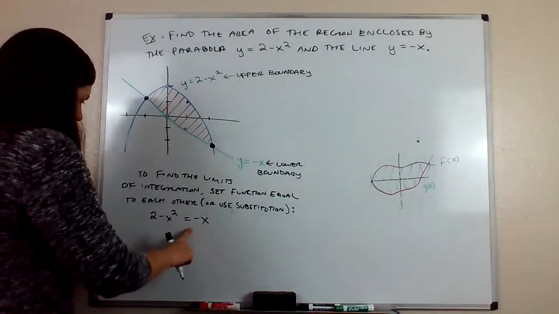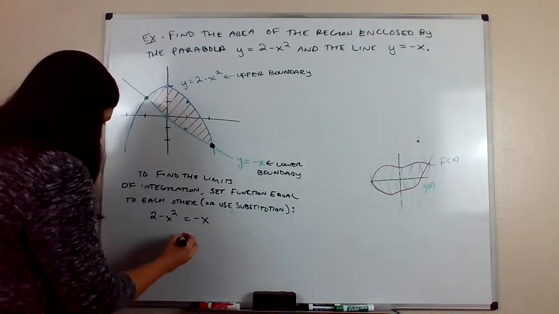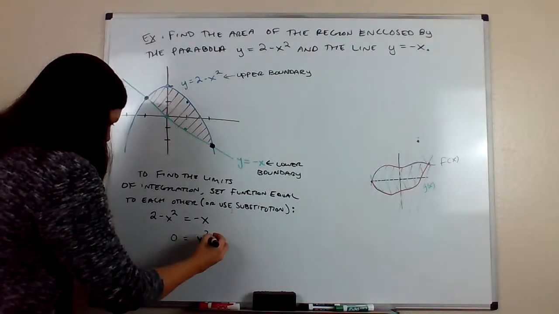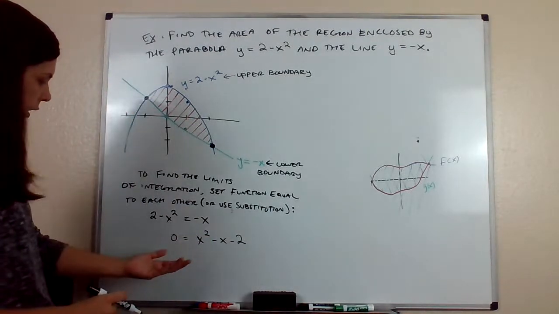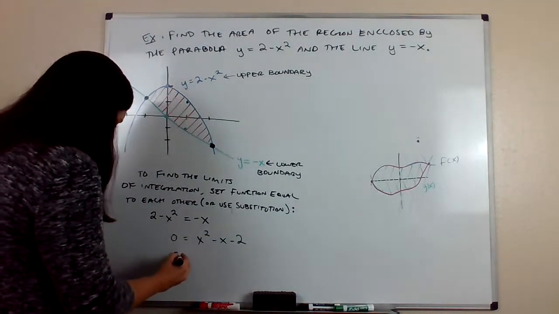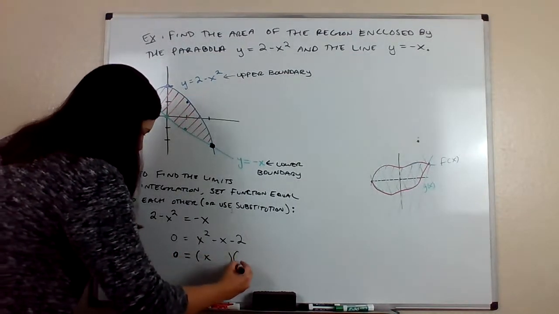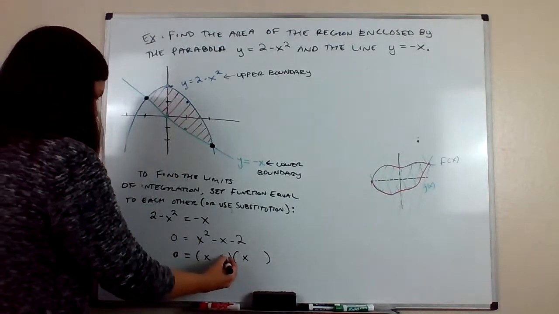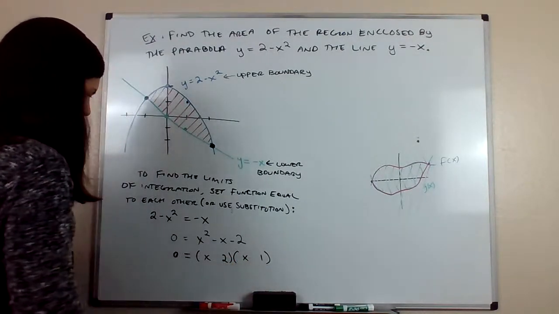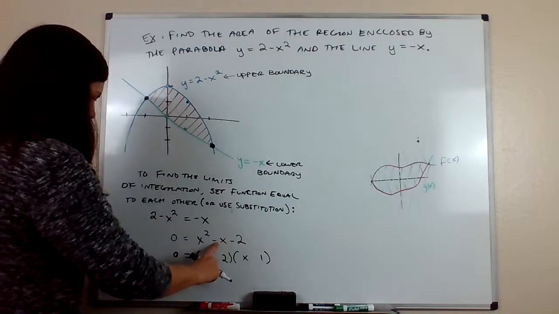So if I solve this, I have a quadratic. I'm going to bring everything to the right. So I have 0 equals x squared minus x minus 2. It is a quadratic equation, so we either need to use the quadratic formula or factor. This one's going to factor pretty well. So I need two numbers that multiply to get negative 2, but add to get negative 1.